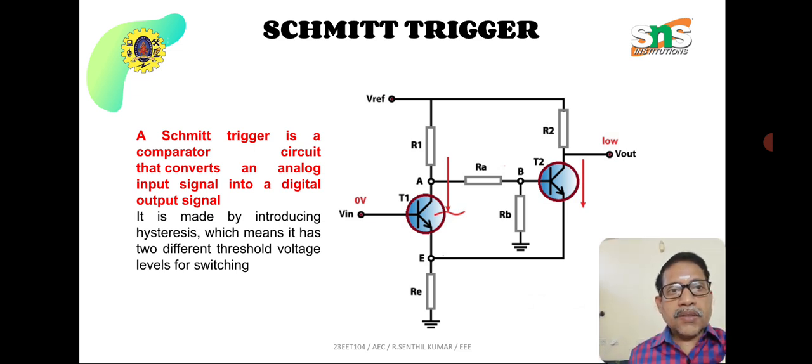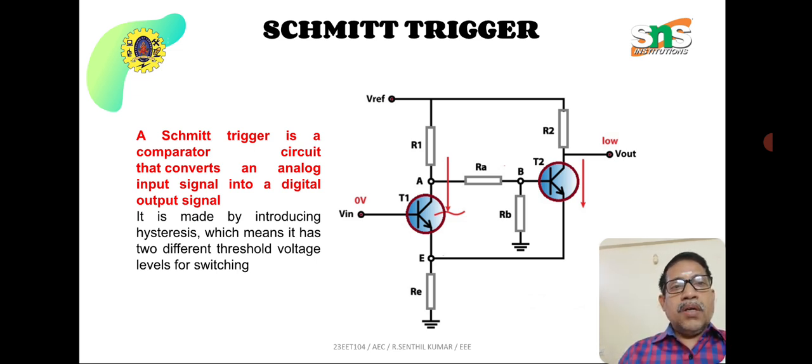Therefore, the 2 transistors act as a switch whose threshold value is determined with the help of a BH curve. When the threshold value is fixed and the input value crosses this threshold value, there may be a change.